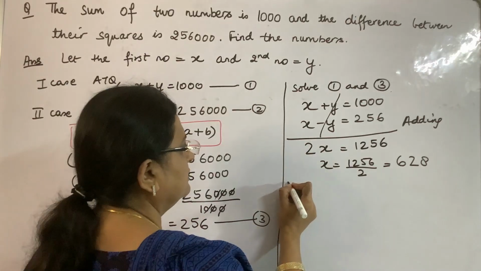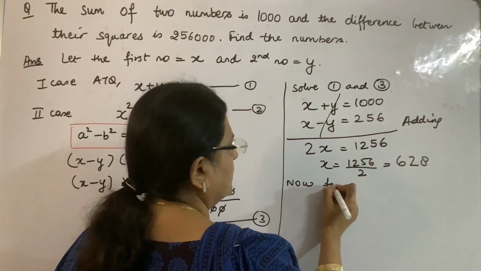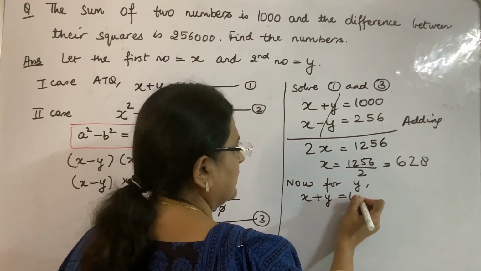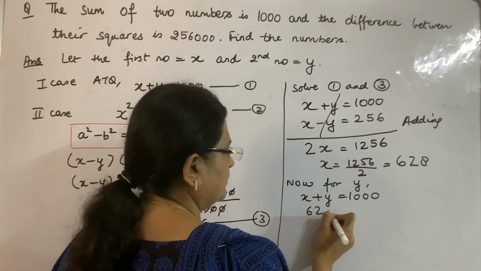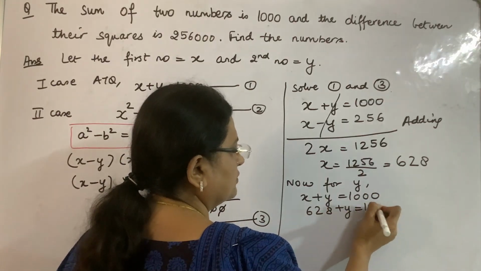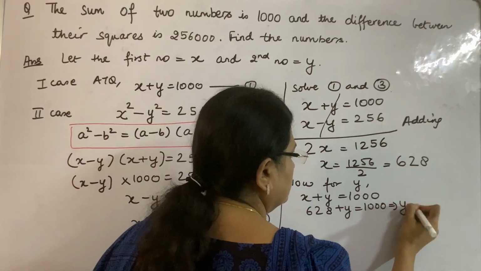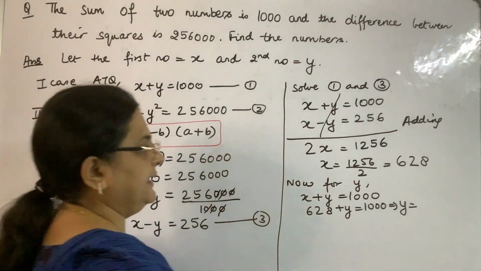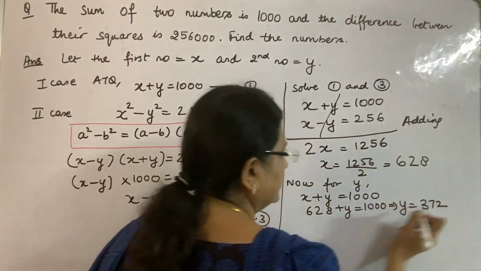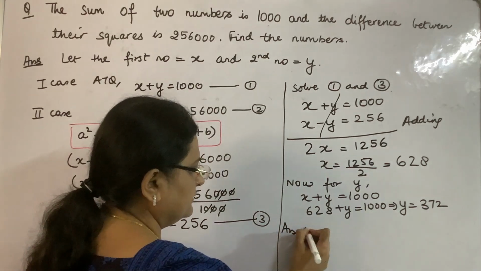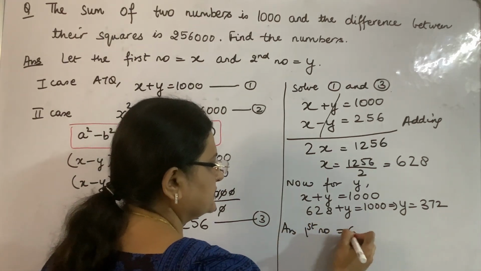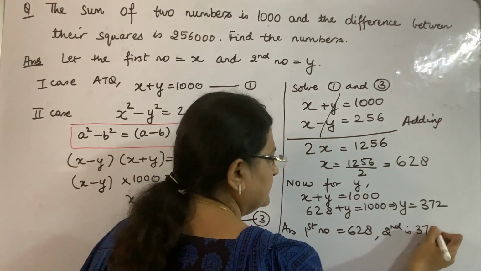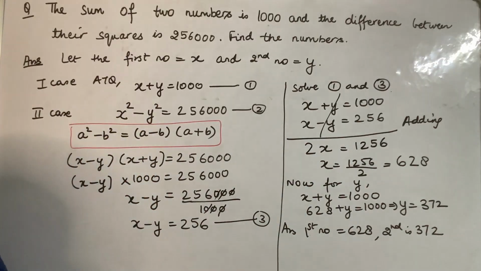Now for y, x plus y is equal to 1000. Instead of x, put 628 plus y is equal to 1000. So y will be equal to 1000 minus 628, that is 372. So the answer is, first number is 628 and second is 372.